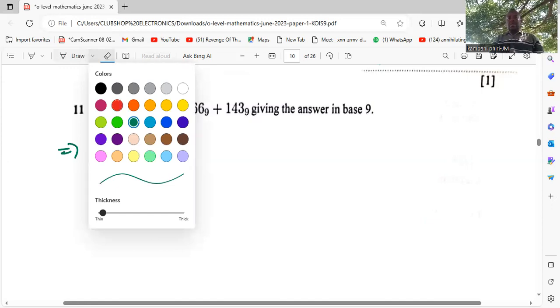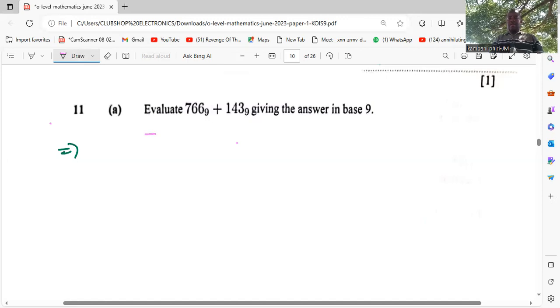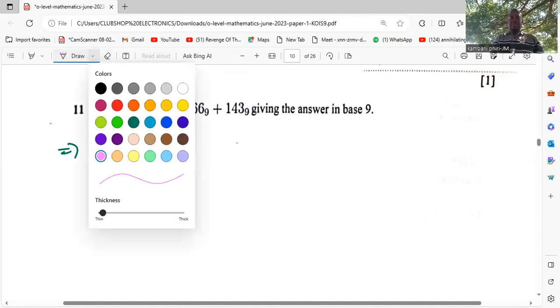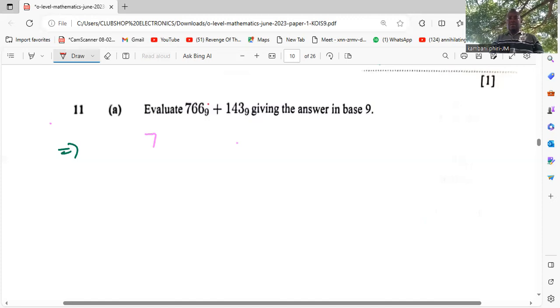Okay, so we'll say 766 in base 9 plus 143 in base 9.